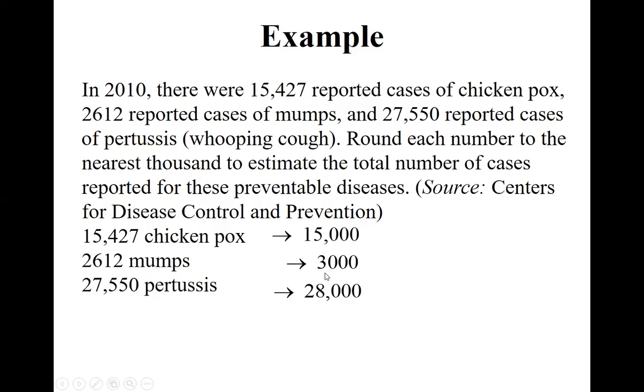That's 18 and 28. That's 46. So the estimate is 46,000. A lot easier to get to than the exact, but it's only an approximation. And that's it for this topic.